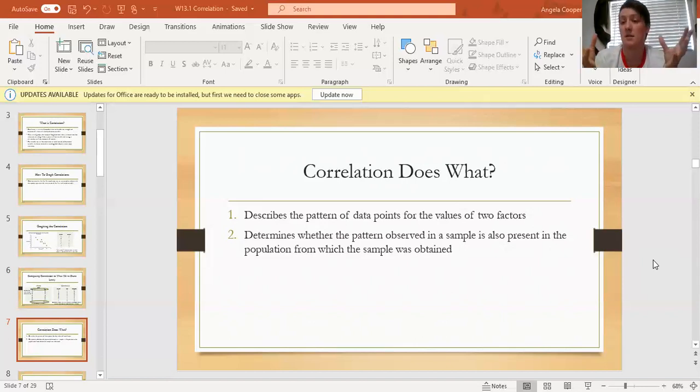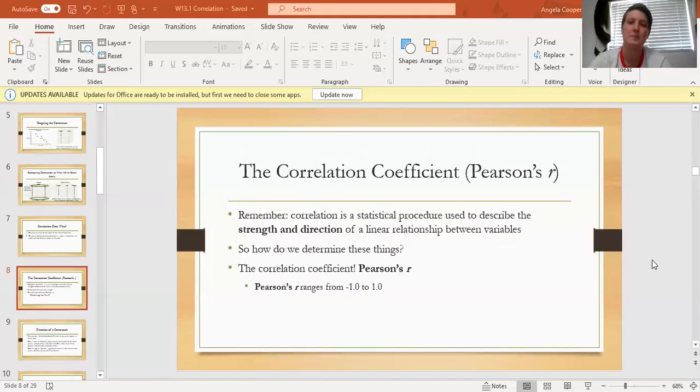So if we take a sample of college students, we want to see if this relationship we find within our sample of 100 college students, or 50, or whatever our sample size is, is also present in the population of college students. Otherwise, we're just wasting our time.